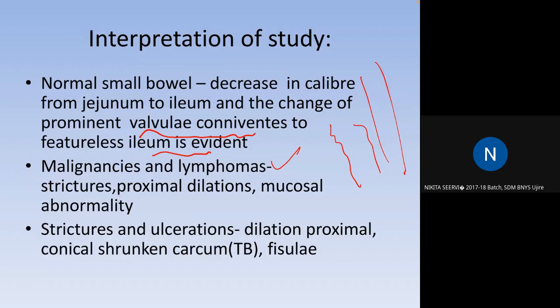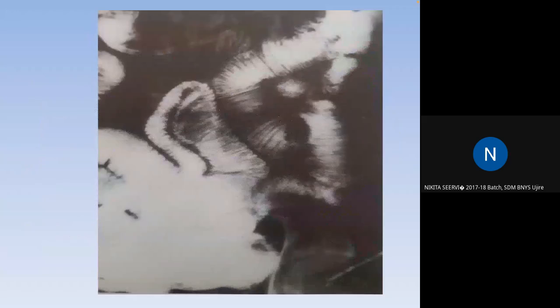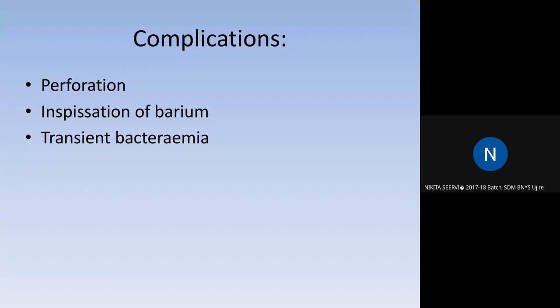Then there could be strictures and ulceration in the distal or proximal region in a TB, or if there is a fistula. This is a small bowel enema for you. You can see there are multiple breaks there, strictures are there, and again there is a pathology which we have found.